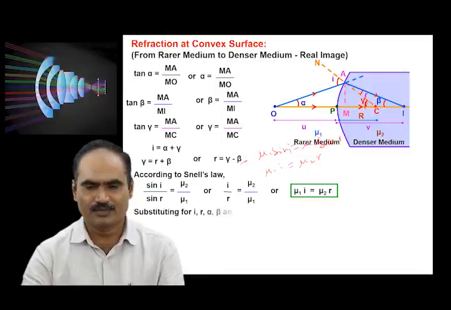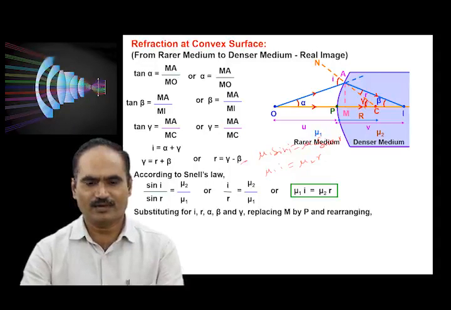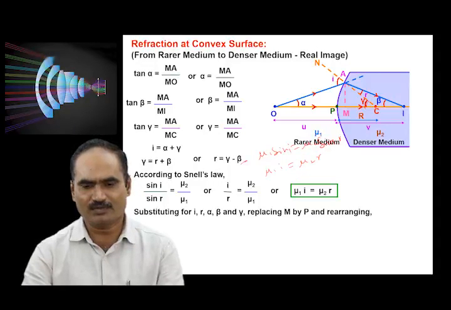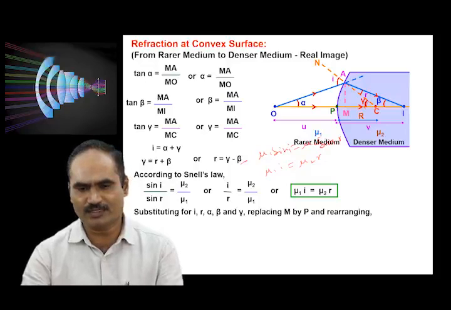So substitute i, r, alpha and gamma, replacing M with P. See, one thing about what we have measured: O to P is well and good, no problem.